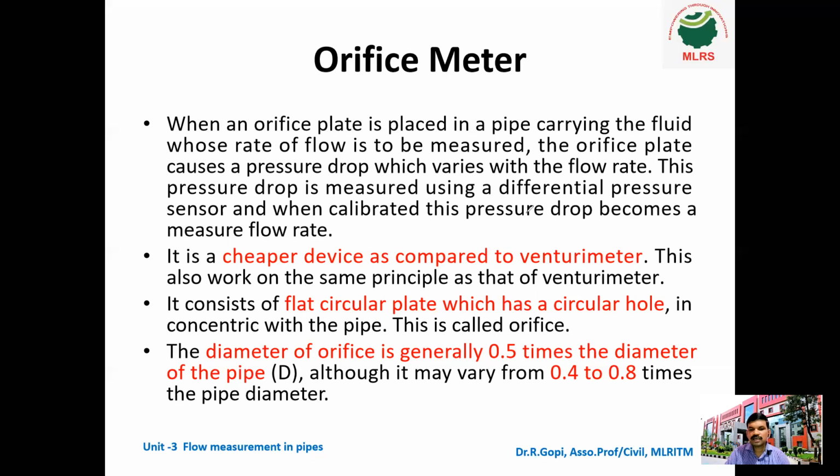As I already told, if the diameter of the inlet pipe is 100 mm, the diameter of the orifice is 50 mm. Depending on the application, it may vary from 0.4 to 0.8 times the diameter of the pipe, but generally it is 0.5 times only.